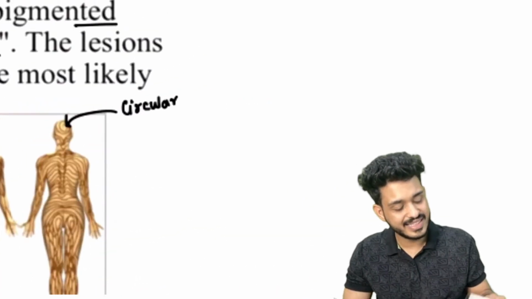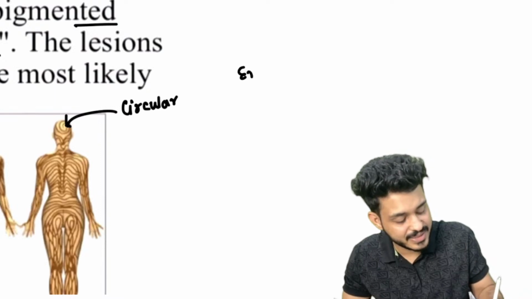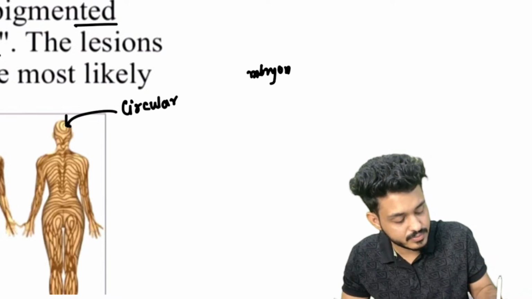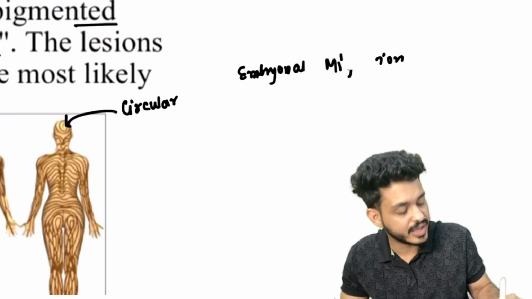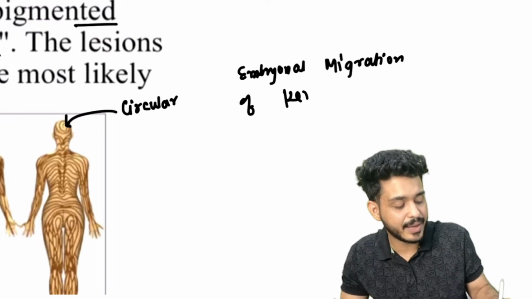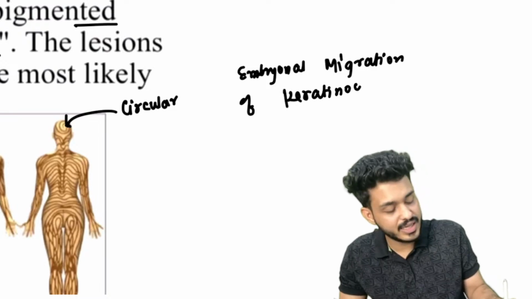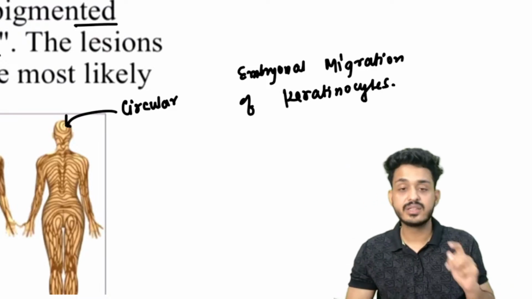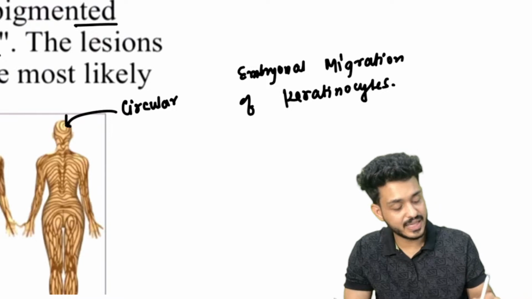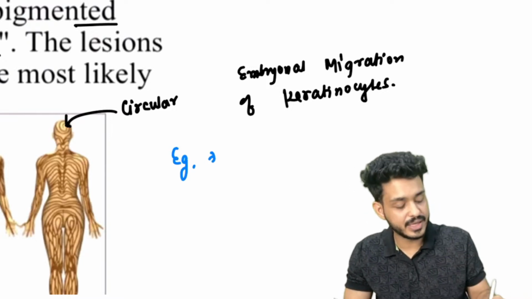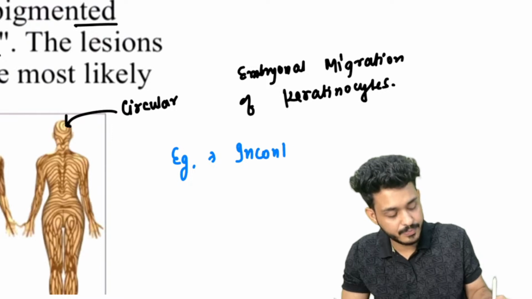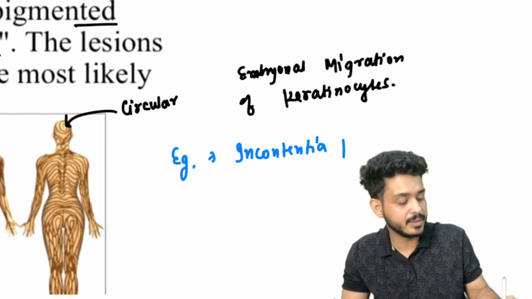Look here, these are basically embryonal. They will be telling us about the embryonal migration of keratinocytes. Three examples have been asked in your examination. First one is incontinentia pigmenti.